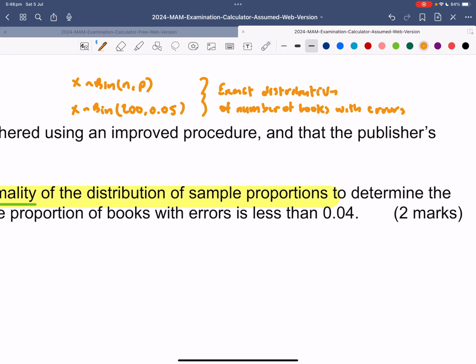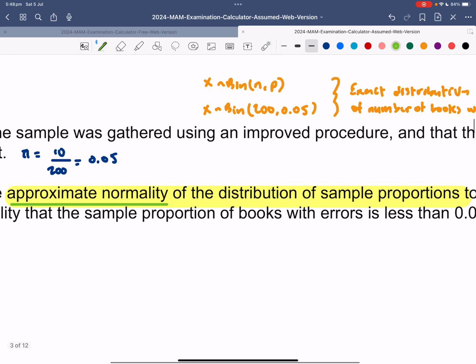Whereas if I was to use a normal distribution, then the sample proportion follows a normal distribution where the number of trials is again 200, but we all know the formula for standard deviation. So the standard deviation would be root of 0.05 times 1 take away that, so that's 0.95, all over n, which is 200.